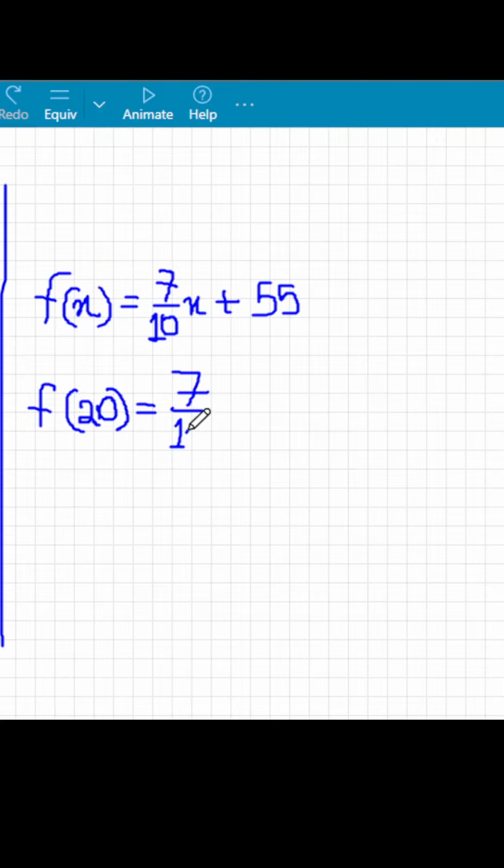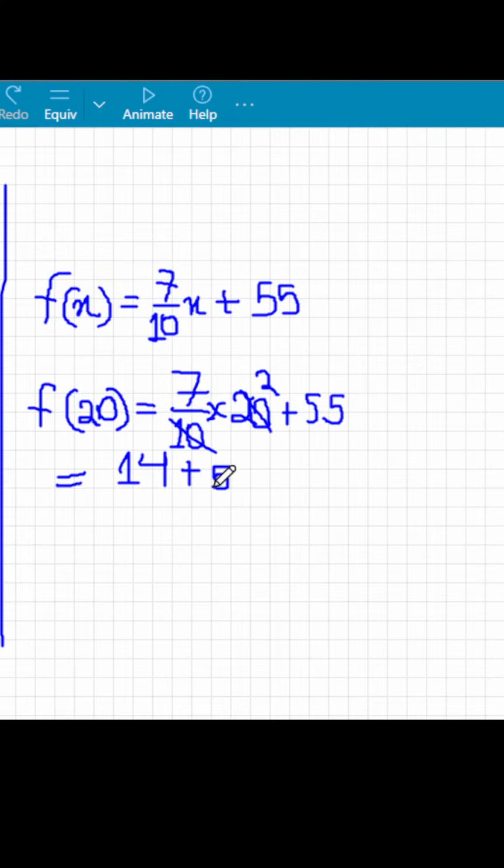So we have 7 by 10 multiplied by 20 plus we have 55 as a constant. So this will cancel out, this will be 2. So we have 7 into 2, that is 14 plus 55, and that will be 69. So 69 is the correct answer for this question. That is the f of 20.